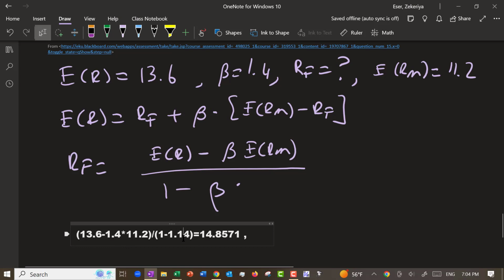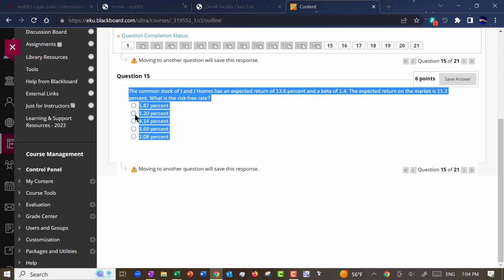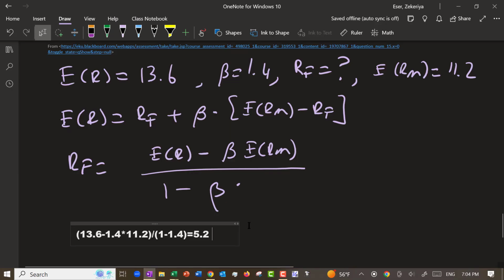Oh, but that's because of 1.4. Okay, 5.2. It's there, okay?